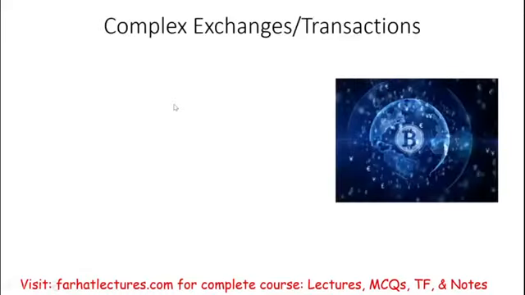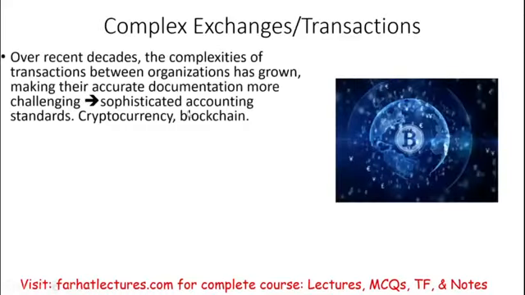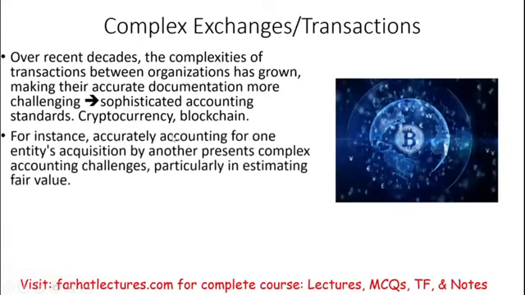Another reason for information risk is complex exchanges or transactions. The complexity of transactions is growing over time because of the use of technology, like cryptocurrency, blockchain, options, and so on and so forth. Also, a merger presents its own complex accounting challenges.